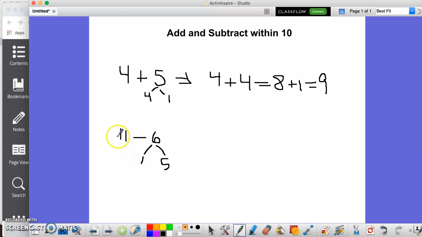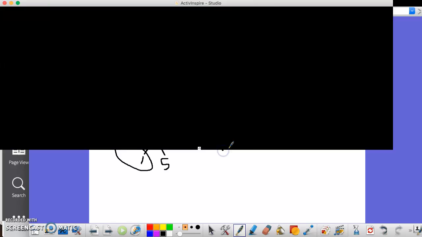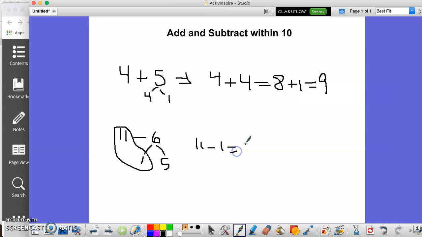So I can subtract these two numbers first, right? Then I still have my second number that I need to subtract over here.